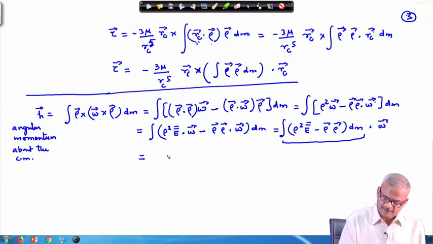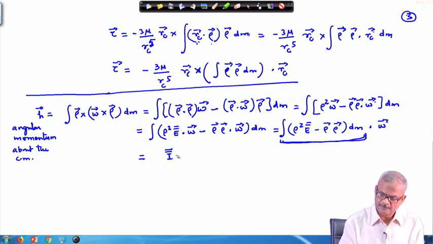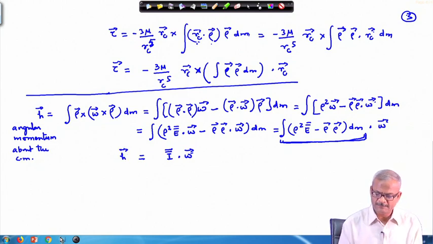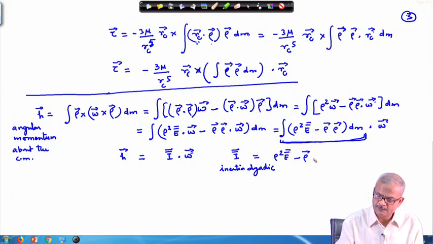So, from this place, this appears like, here this quantity we have written as inertia dyadic, from this place to this place. So, I double dot, so H, this is the quantity H we have written. So, what is of interest here in this place? This is the I double bar, which is nothing but the inertia dyadic, which we are writing as rho square E double bar minus rho rho.